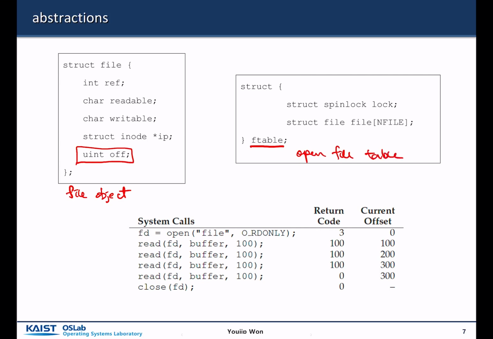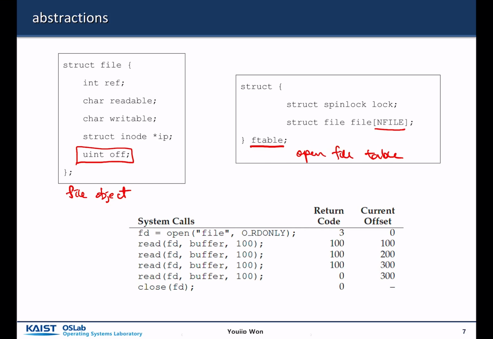The advantage and disadvantage of open file table: the advantage of maintaining a set of open file objects as a table is it is easy to access. But the problem is that because a table is a fixed size array, the number of open files that can be opened at the same time in the system is limited by NFILE.